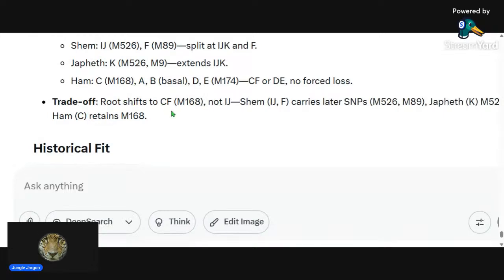Trade-off shifts to CF, Nimrod's marker, which he shares with everybody. Not IJ, Shem IJ carries a lot of SNPs.